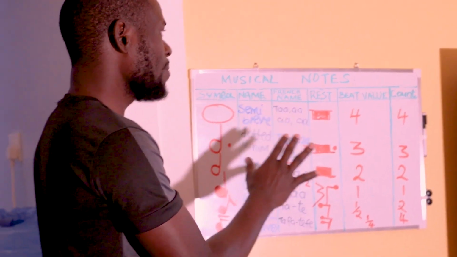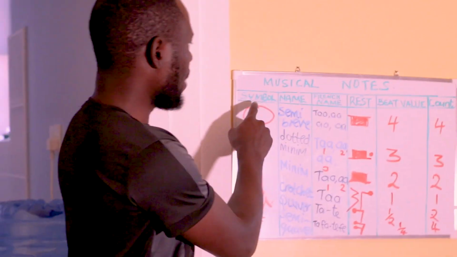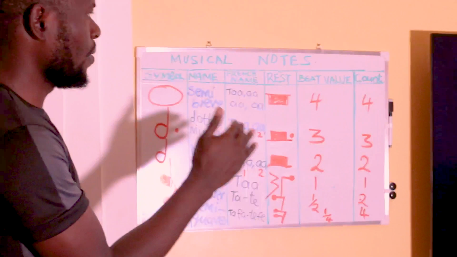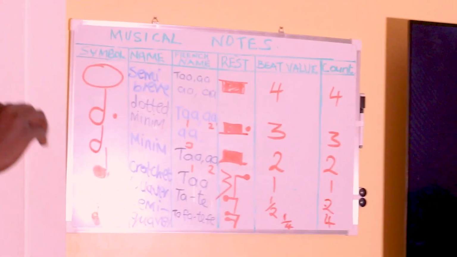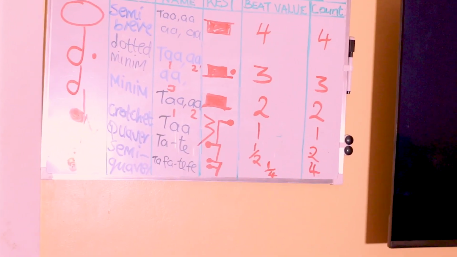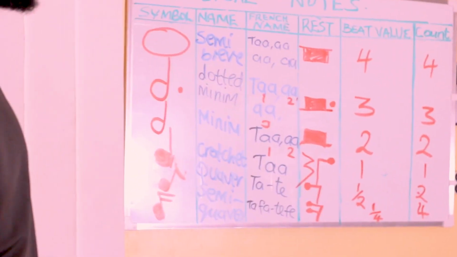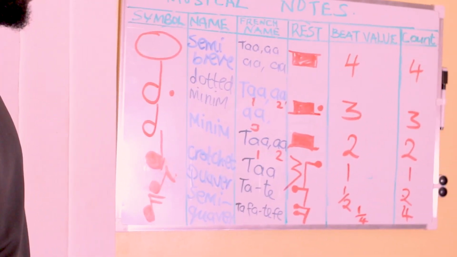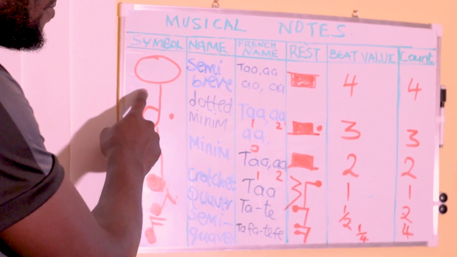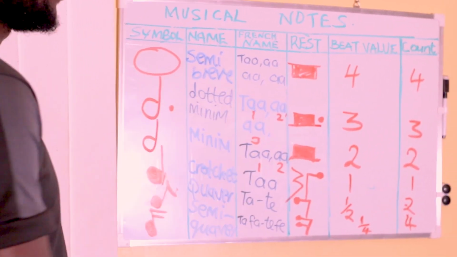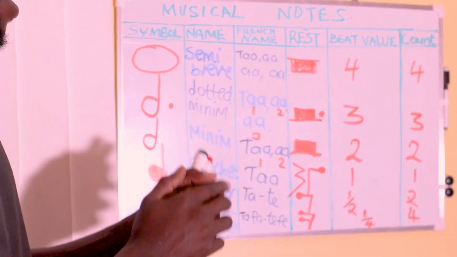These are the main musical notes with their symbol, name, French name, rest, beat value, and count. This applies all across musical classes from grade 4 to junior school, and also campuses where you learn music. The highest beat we say is the semibreve. Semibreve is written as an oval with the French name ta-a.